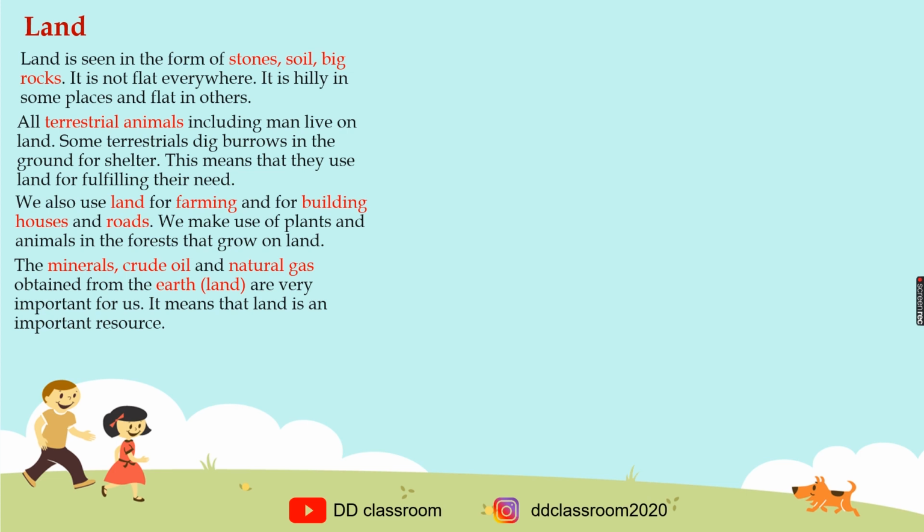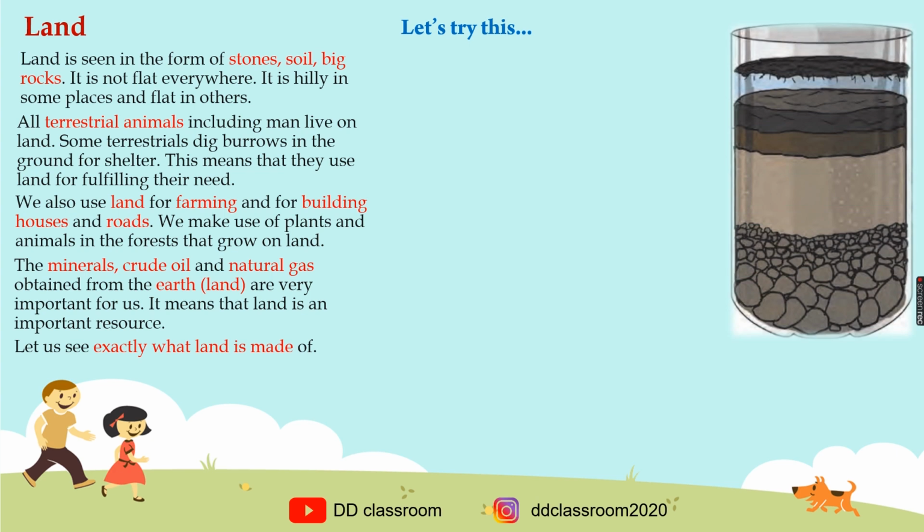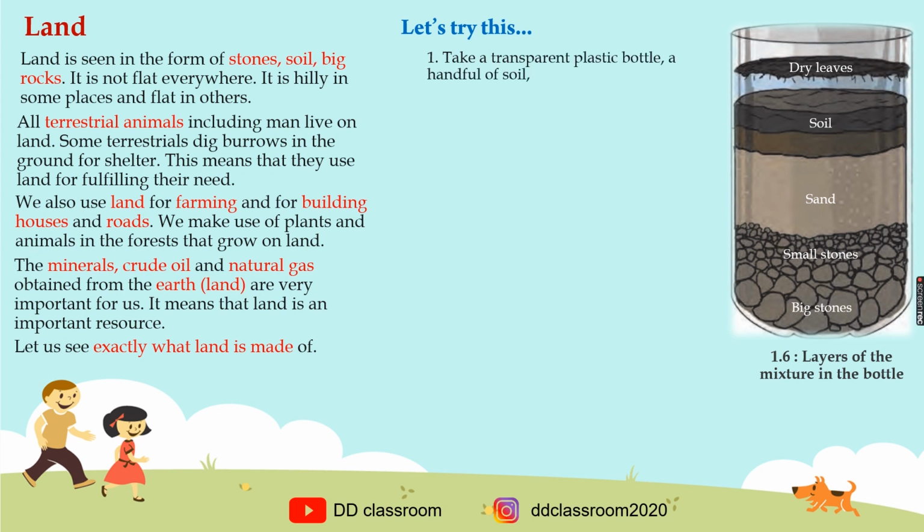Let us see exactly what land is made of. Let's try this. Take a transparent plastic bottle, a handful of soil, some stones, sand, some dry leaves, and water.